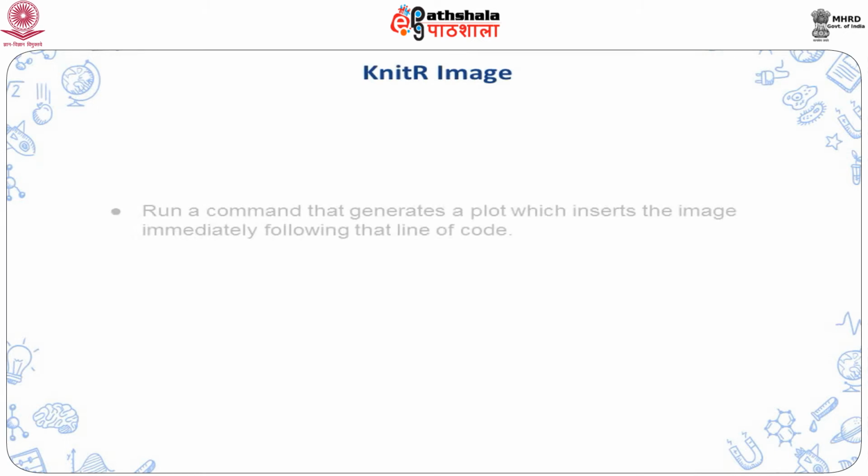Now displaying images is not difficult work with knitr. So you can always display images through this: run a command that generates a plot, and it inserts the image immediately following that line of code. You just need to give some code and then if you run it, you will have a plot right away.